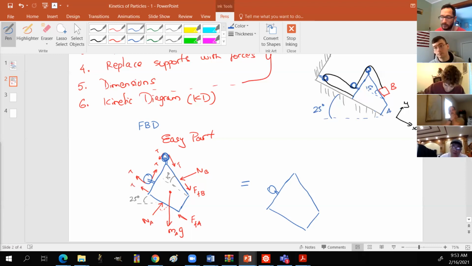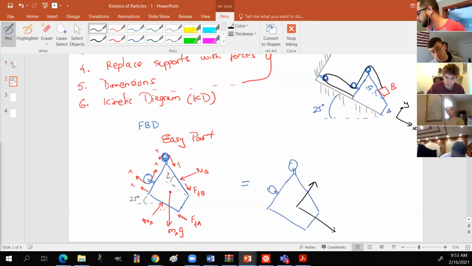Here, we're using rectangular coordinates. So in whatever coordinate frame you've chosen, you'll have an MAX and you'll have an MAY. That's it. It's that easy. Then you're set up to fully solve the problem.